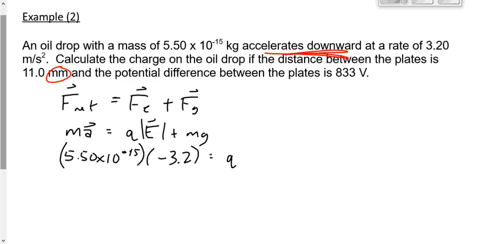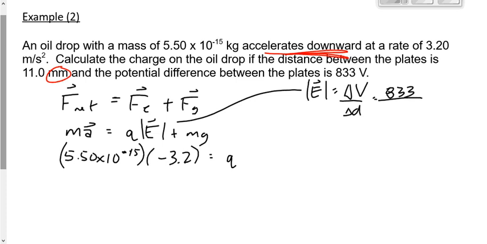E, we got to find E. Delta V over delta D: 833 divided by 11 times 10 to the minus 3, 11 millimeters. That gives us a field strength of 75727.27 volts per meter.